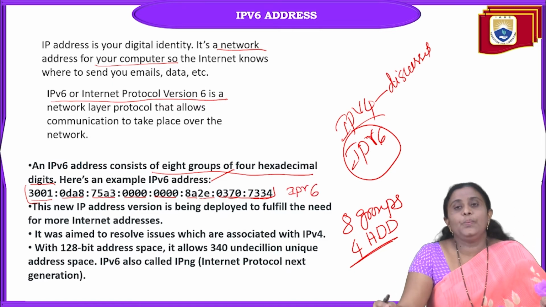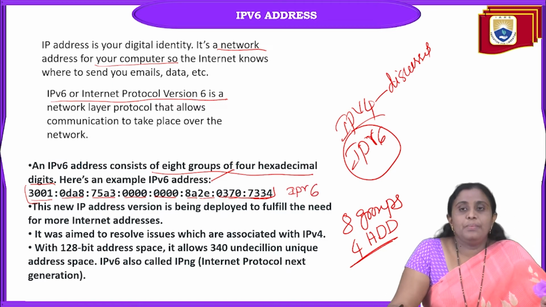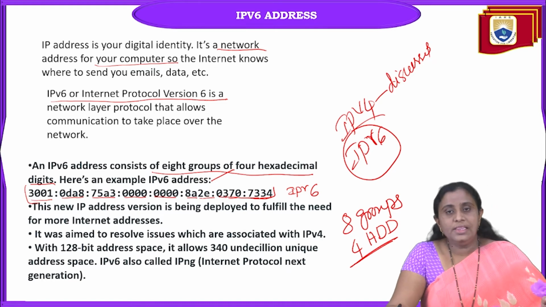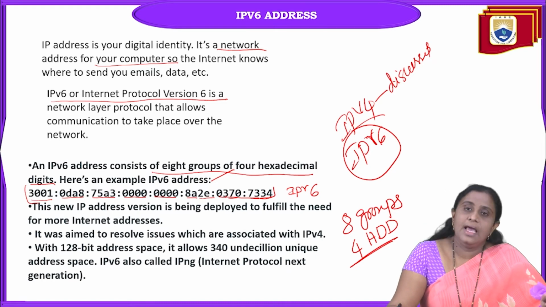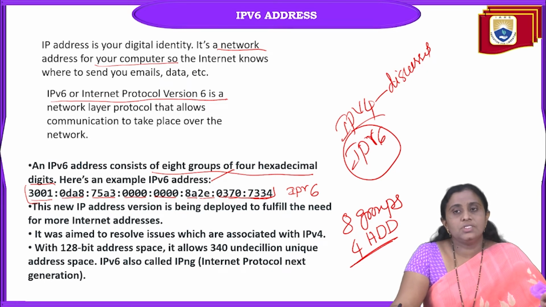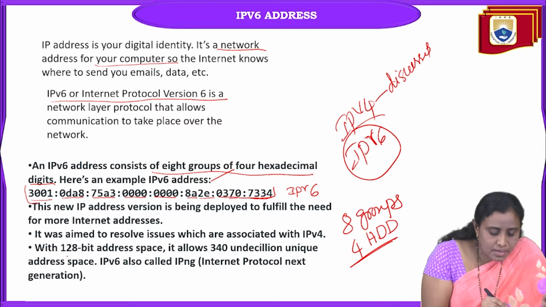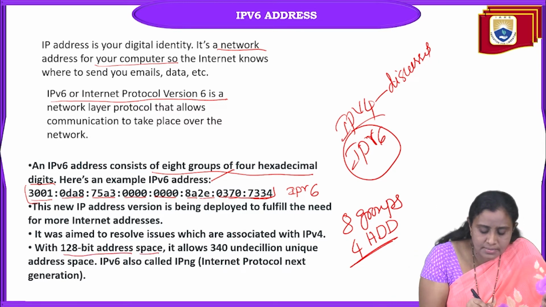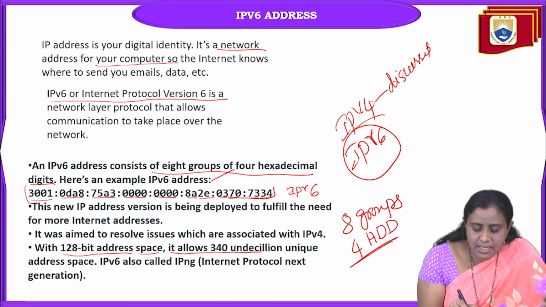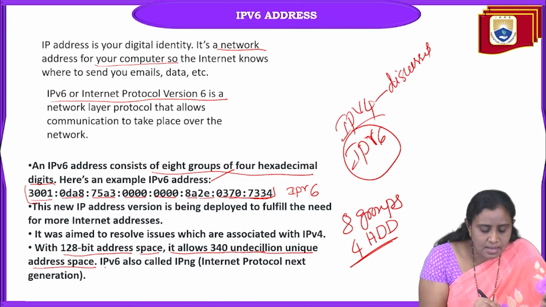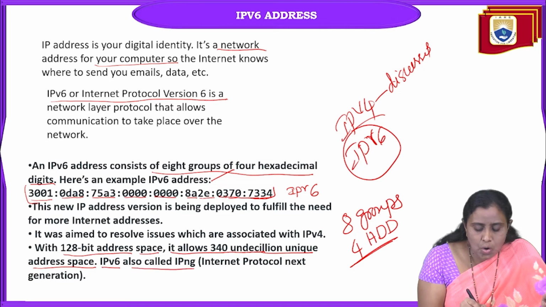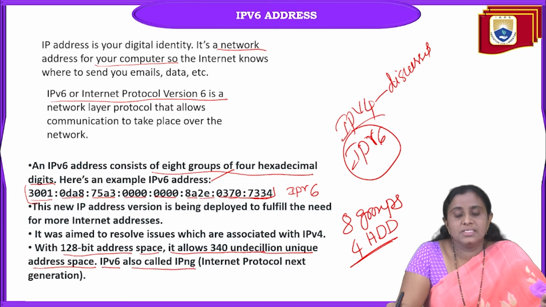This is one of the examples of IPv6. This new address version is being deployed to fill the need for more internet addresses, and it is aimed to resolve issues which are associated with IPv4. With a 128-bit address space, it allows 340 undecillion unique addresses. IPv6 is also called IPNG.